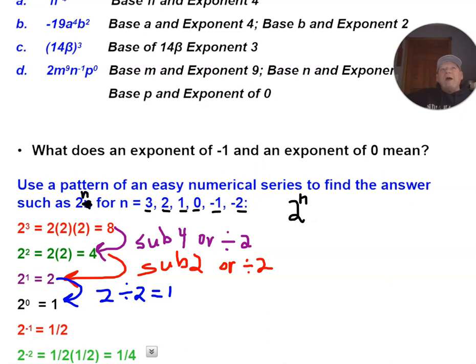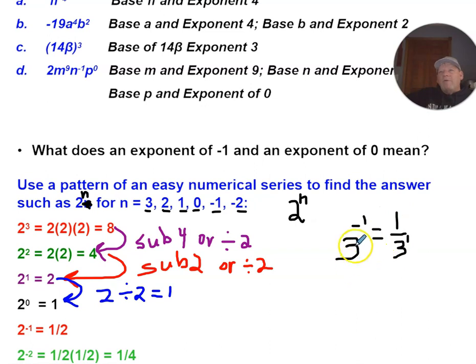So just to sum it up, whenever you're dealing with negative exponents, any number to the negative first power would be that number over itself to the first power.